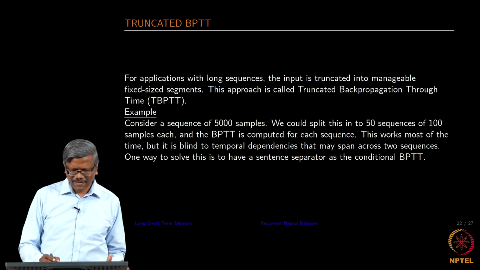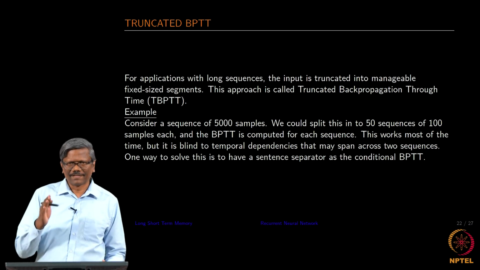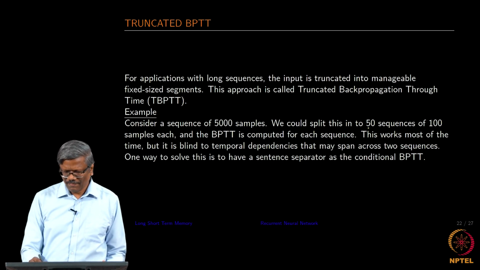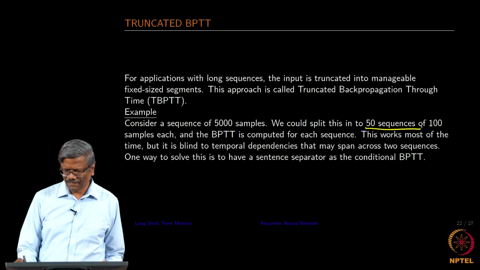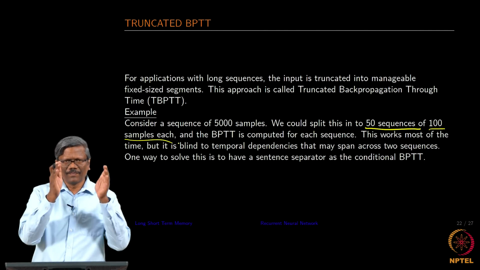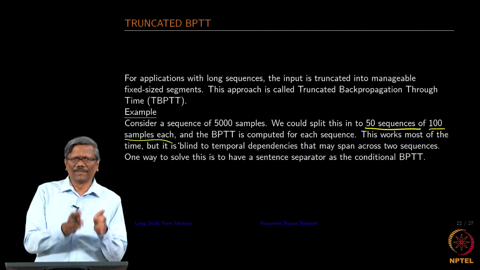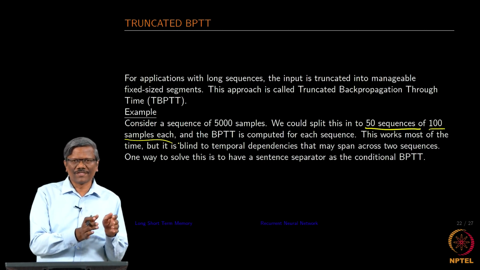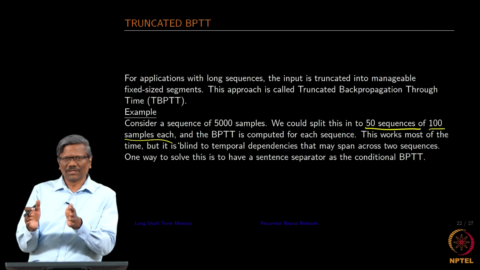Let us say if you have about 500 samples in the time state that you want to process, we can split it into 50 sequences of 100 samples each. And then every chunk you do the forward pass, back propagation, make the correction, and then go to the next chunk.